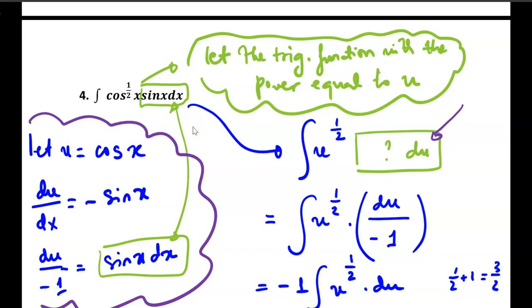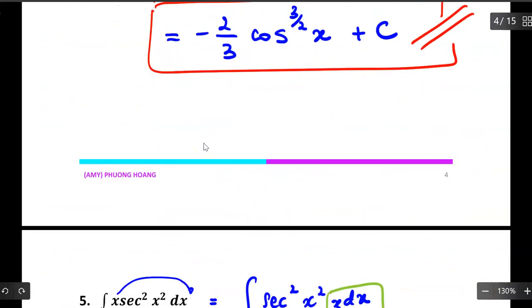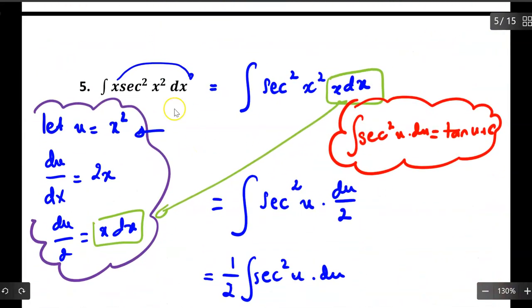In that case you must let cos x equal to u. But in this case, if you have secant square, and you already have the formula involving the secant square, therefore you are going to let the argument of the secant equal to u, so you can apply these formulas.